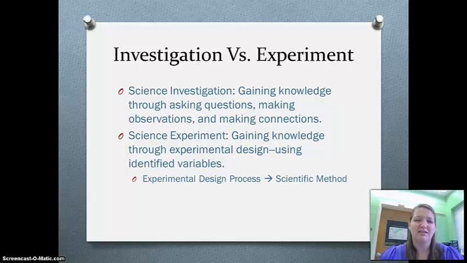This experimental design process is sometimes called the scientific method, but it's important to remember that the scientific method is not the only way to perform an experiment. In fact, scientists have to be creative in the way that they're designing their experiments in order to fit their needs, and they don't always just use one method.